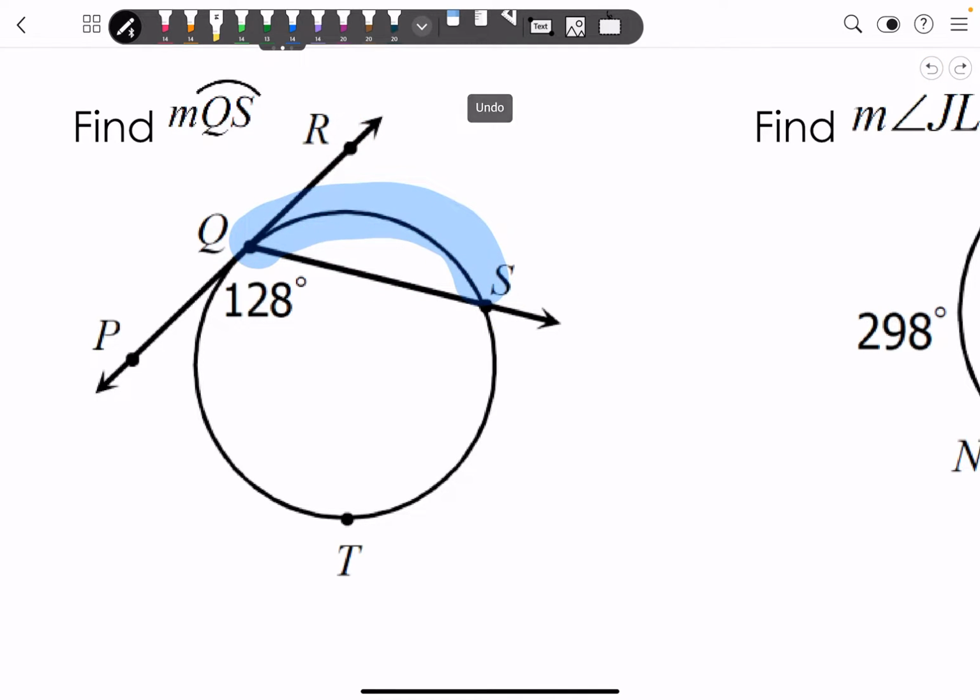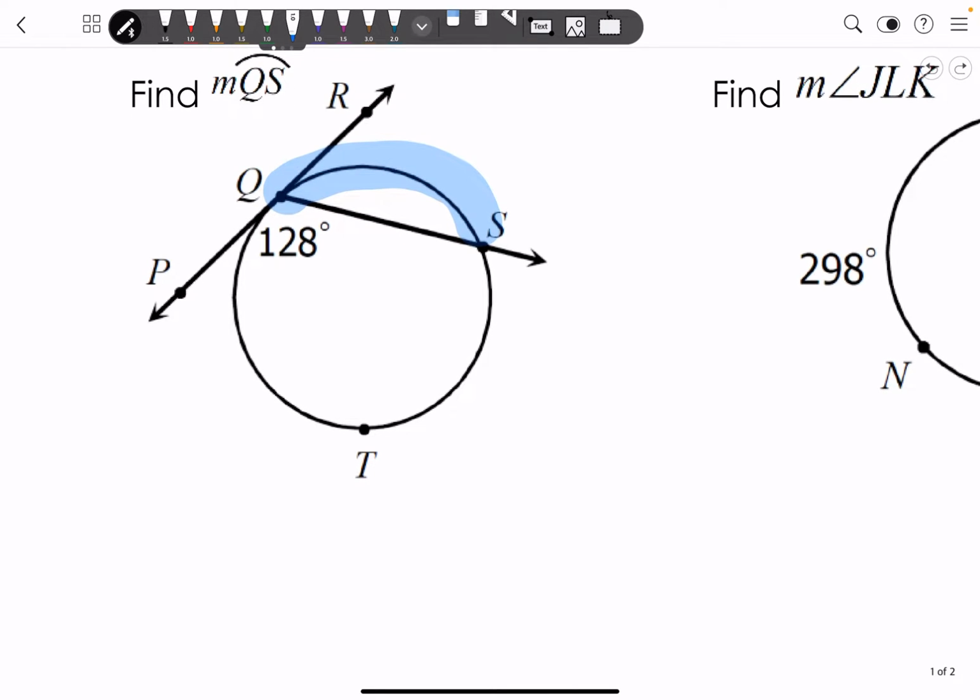Technically, you could say that we don't know either of them, but you can figure out the measure of angle RQS. That's because line PR is 180 degrees. That means this right here is going to be 180 minus 128, which is going to get us to equal 52 degrees.